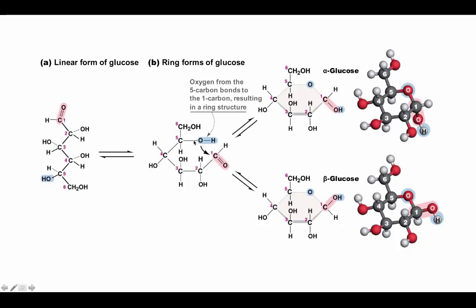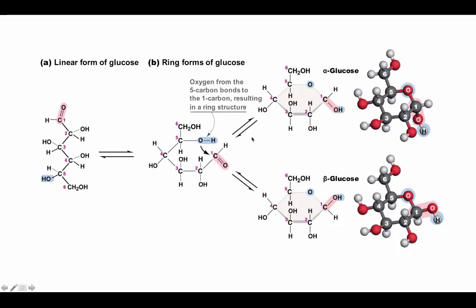This hydroxyl group from the number 5 carbon is going to interact with this carbonyl group from the number 1 carbon. The oxygen from the hydroxyl group is going to form a bond with the carbon from the carbonyl group, and this hydrogen is going to get transferred over to this oxygen to form another hydroxyl group.